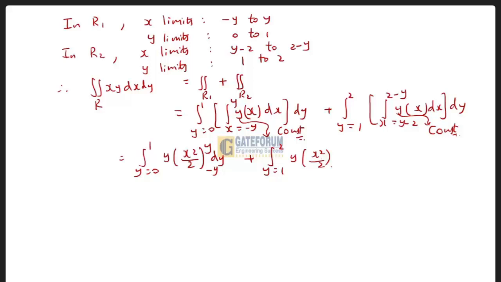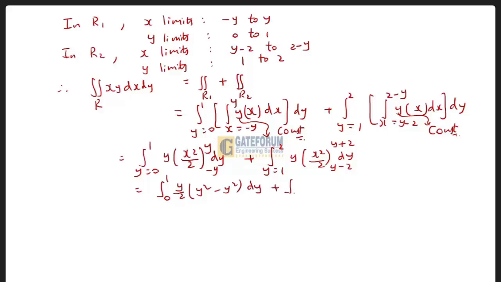Or you can do it by direct integration, from y minus 2 to y plus 2, dy, upper limit and lower limit. So 0 to 1, y by 2 into (y square minus y square), in place of x put the upper limit and lower limit.